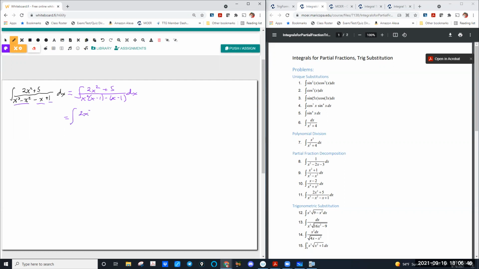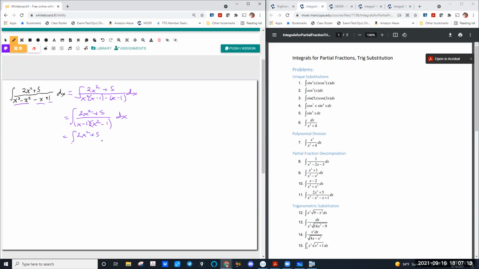So I've got 2x squared plus 5 over x minus 1. And what's left? X squared minus, when we factor that out, there's still a placeholder, minus 1. Now, because this is a minus, this is still factorable. If this were a plus, it would be an irreducible quadratic. It's still factorable. We're going to go one more level.